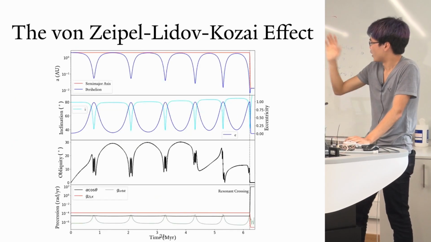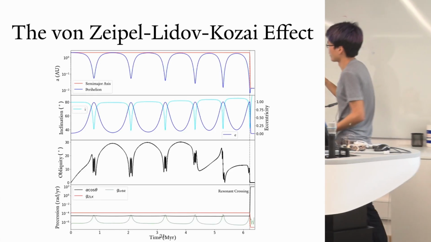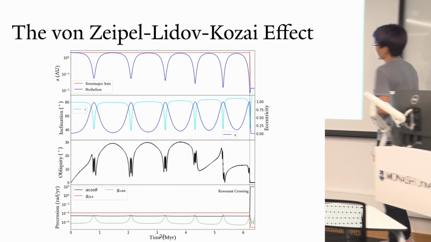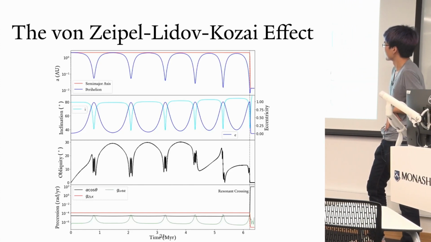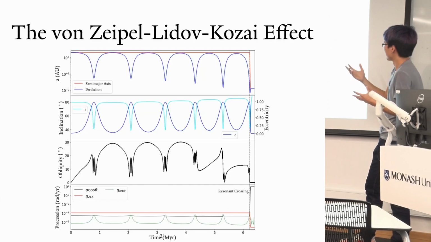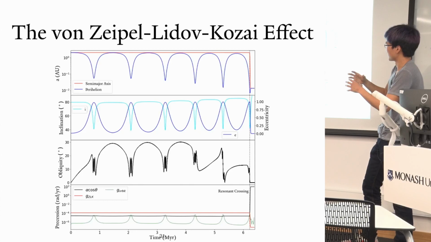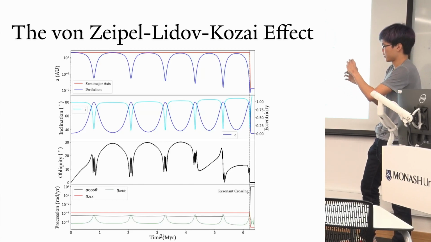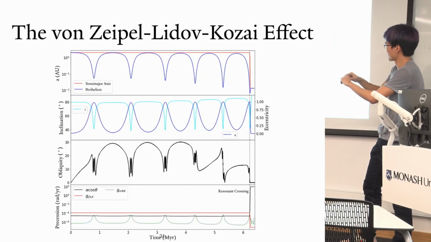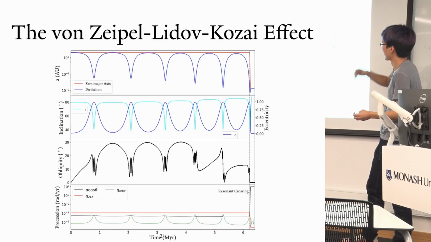Yeah, so I'm just going to briefly touch on one more thing we put in the paper, which is a small exploration of the von Zeipel-Lidov-Kozai effect, which is a process of angular momentum exchange in a hierarchical three-body system where you have a star, a planet orbiting the star, and a binary star far away from it all.